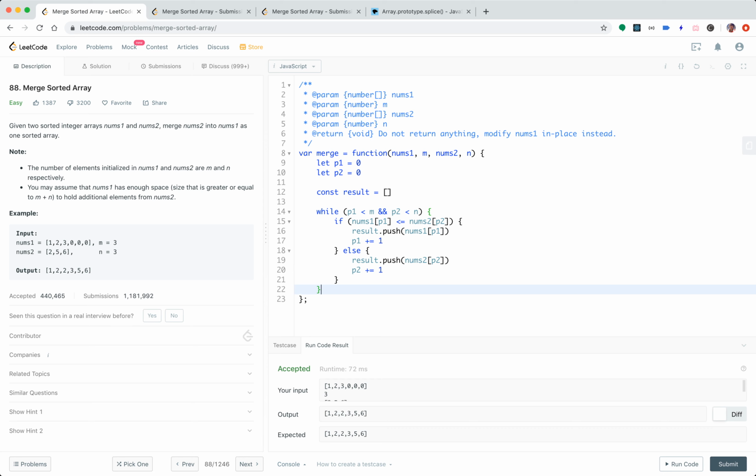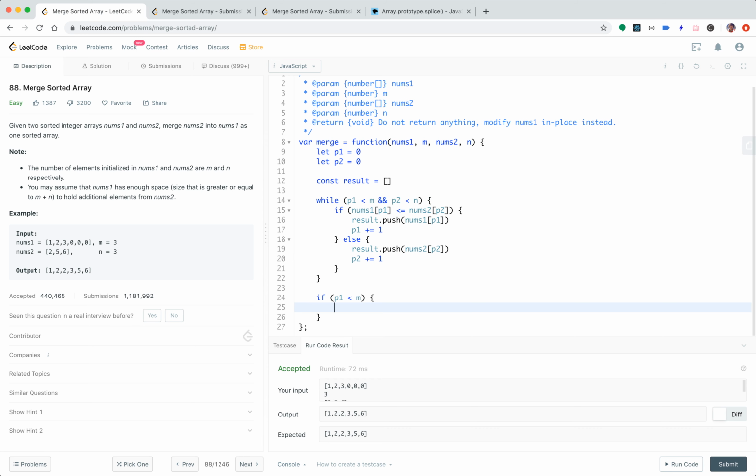And now at the end, if P1 is still there, we will push them. So result, I say new array m plus n.